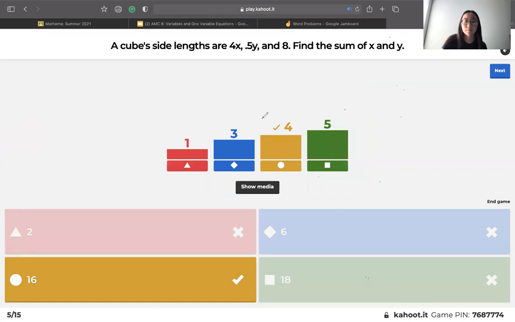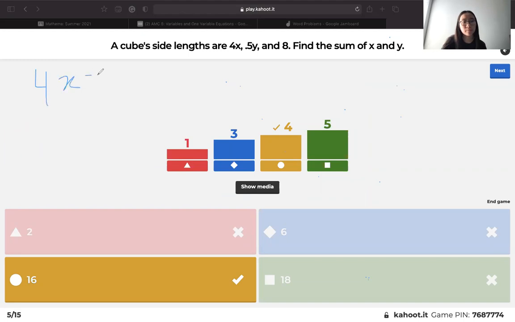So the answer for this was 16. You know that the side lengths of a cube are the same. So then you would set 2 equations, both equal to 8. So 4x is equal to 8.